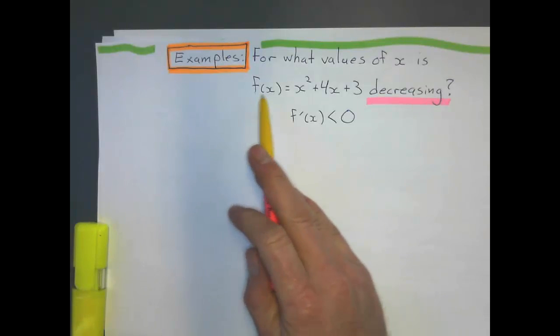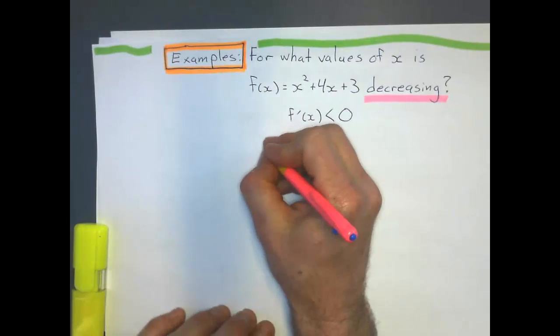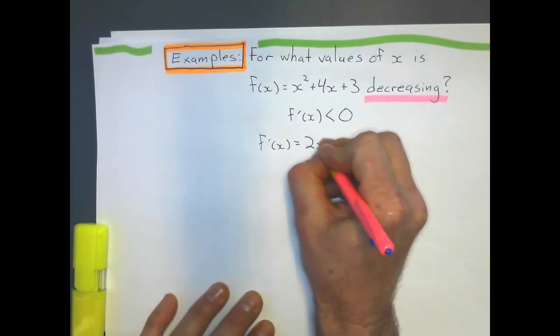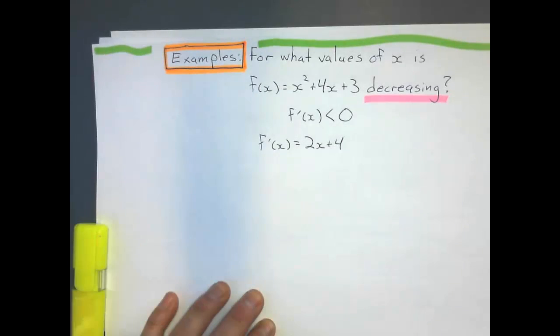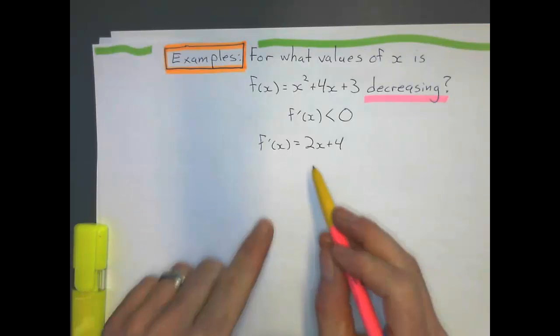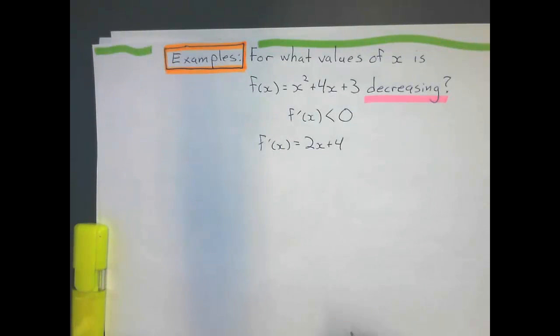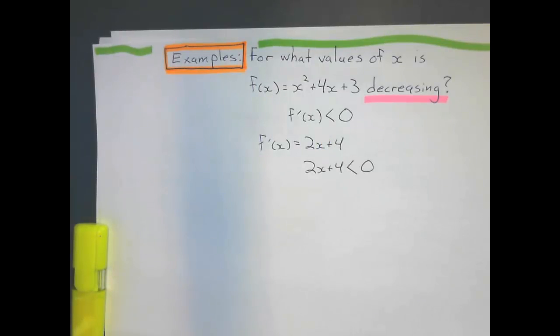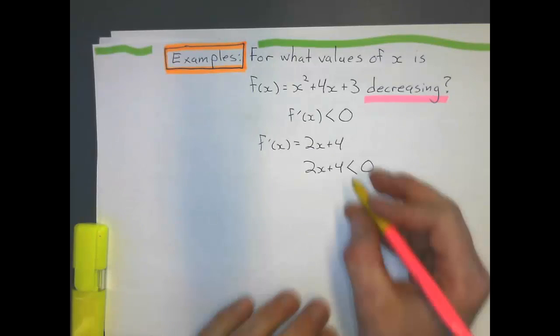We differentiate this original function and we get f dash x equals 2x plus 4. By now, we should be able to differentiate no problem. We don't set it equal to 0, we set it less than 0. So 2x plus 4 must be less than 0. Now we just solve for x, and that will tell me the values of x on the curve when it's decreasing.